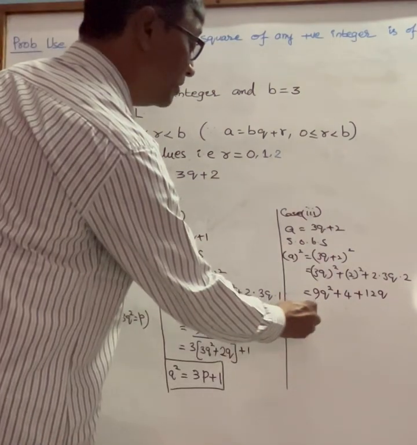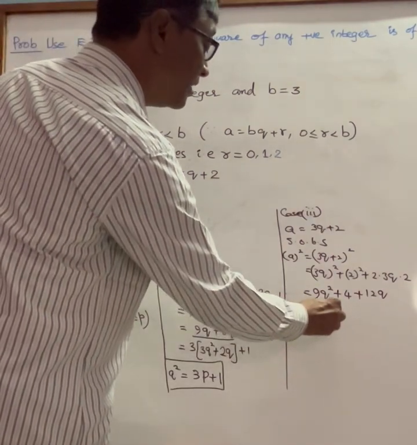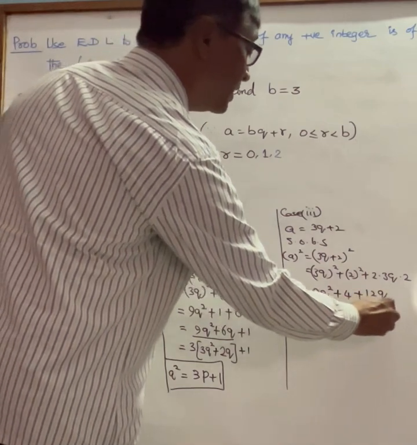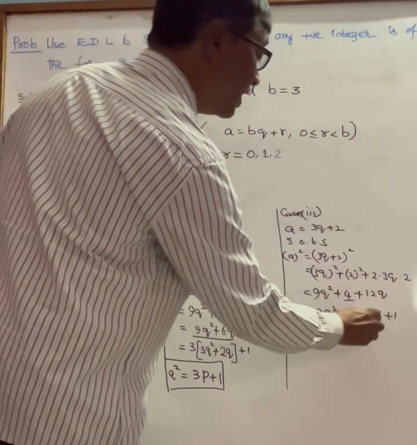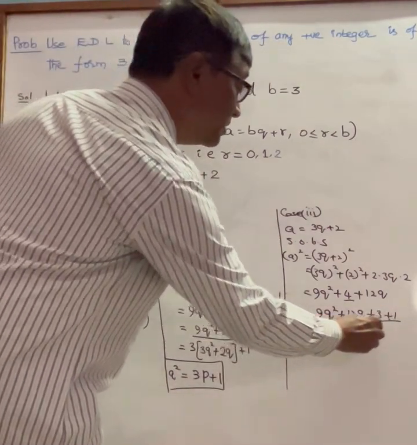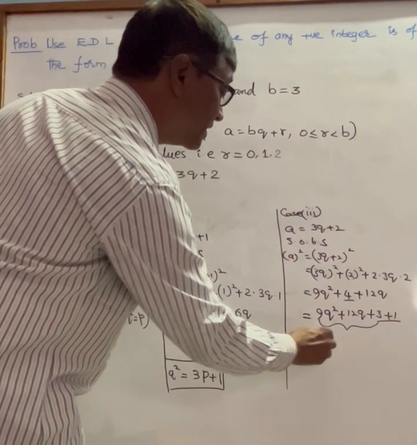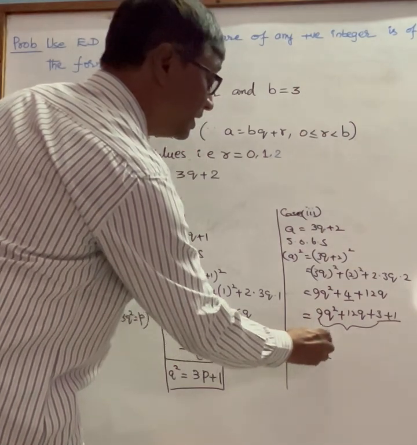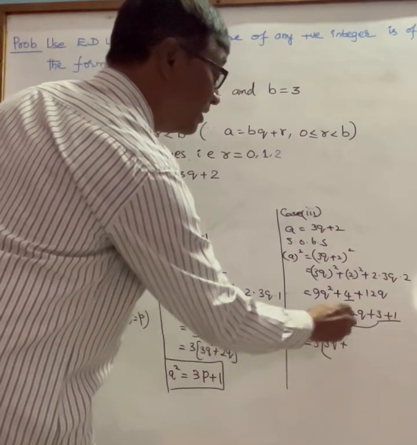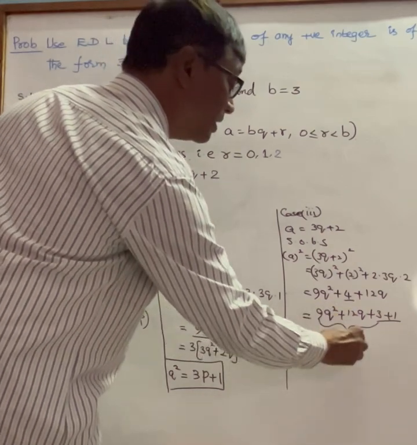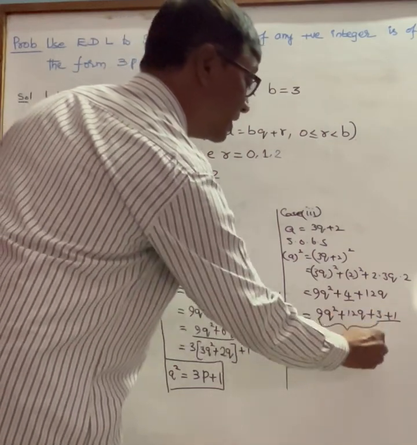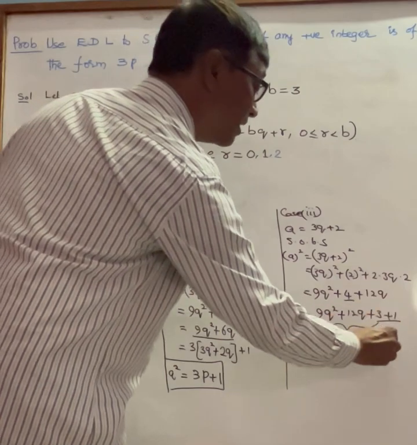Now we may write 9q square plus 12q plus 3 plus 1. Write this 4 as 3 plus 1. Now from these 3 terms we may take 3 common: 3 into 3q square plus 4q plus 1, plus 1.